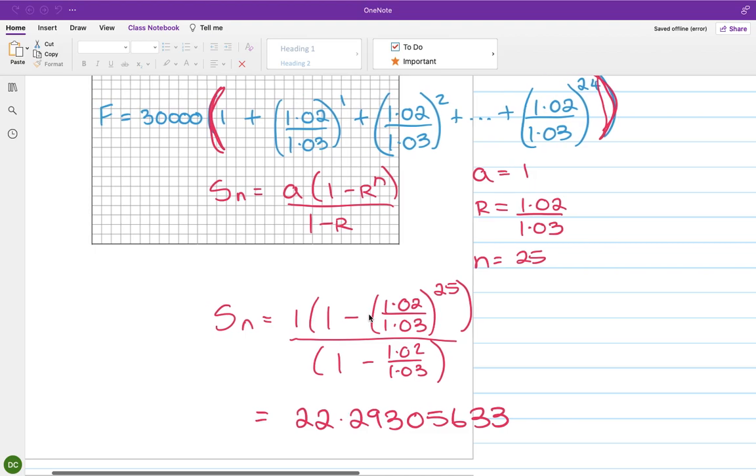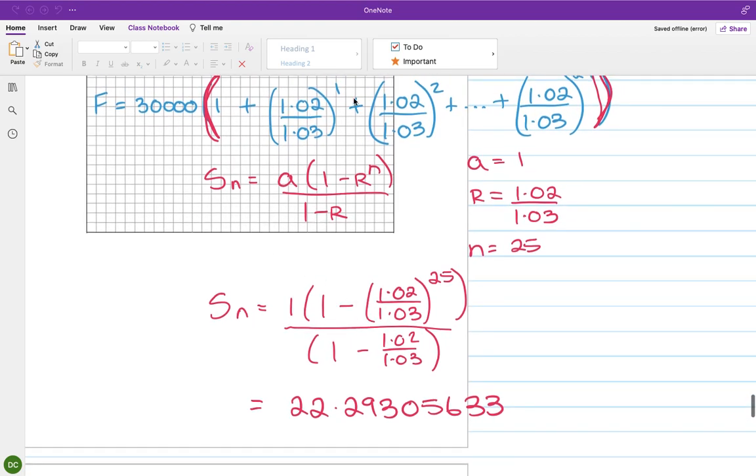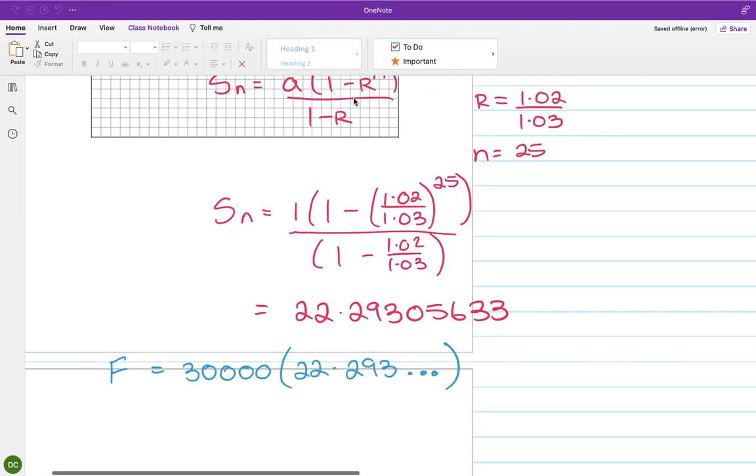And that is part of this equation up here. So F equals 30,000 by 22.293, and again I've kept the whole number in my calculator. So the final amount of the investment, I'm getting 668,791.69 to the nearest cent.